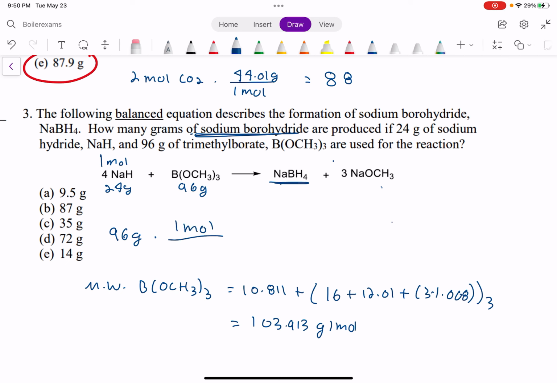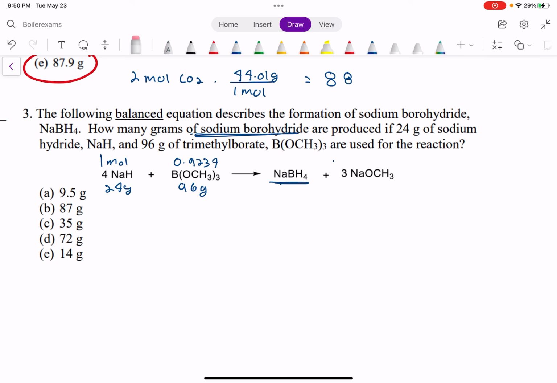Let's convert this to moles. 96 grams over 103.913 grams. That's going to be just under a mole. Now here, let's just intuitively look. There's a 4 coefficient in front of this sodium hydride and only a 1 coefficient in front of that reagent.